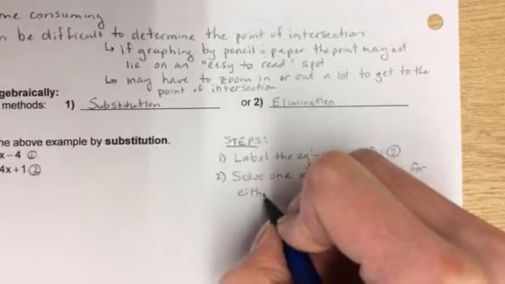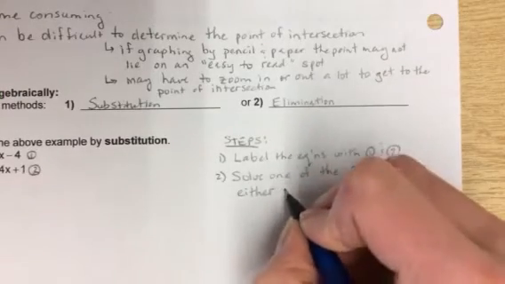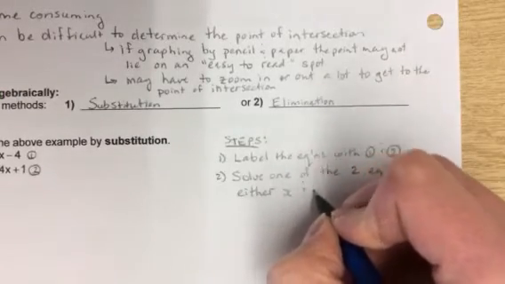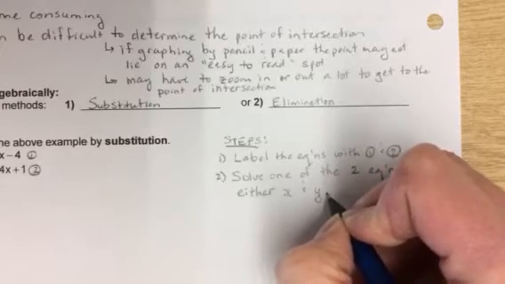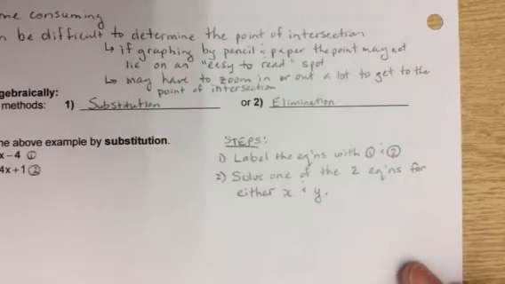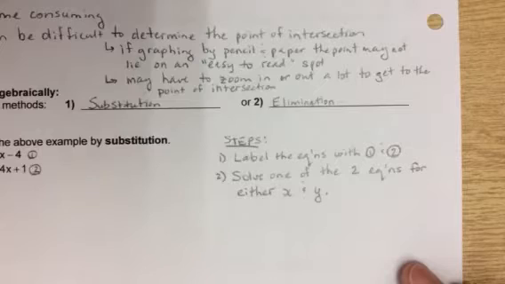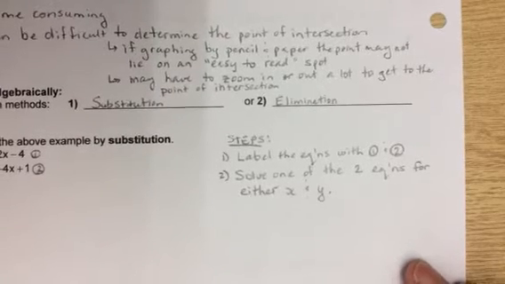It doesn't matter which one. I always pick whichever one is the easiest to solve for, and the easiest one to solve for would have a coefficient of 1. So both of our equations here are solved for y.